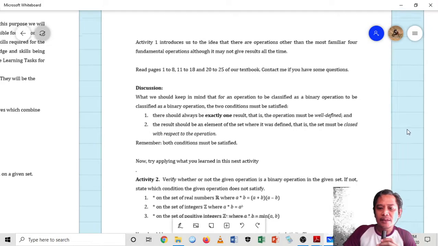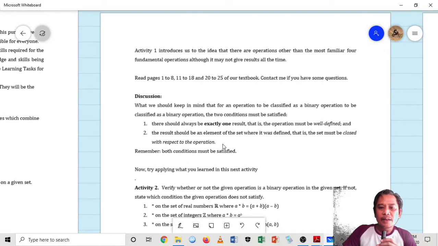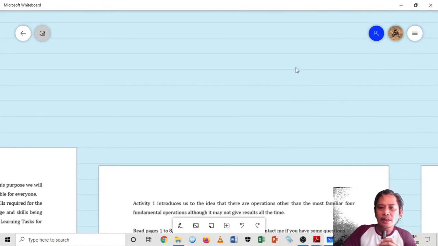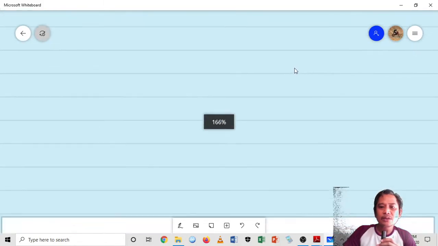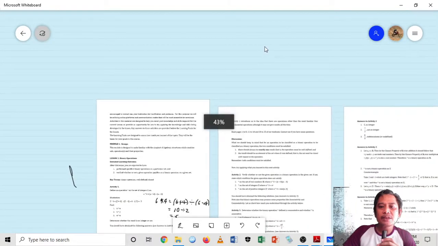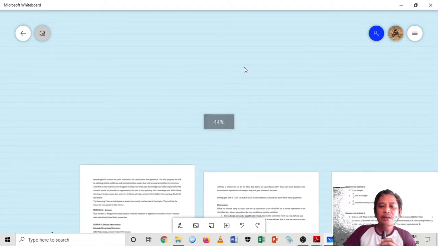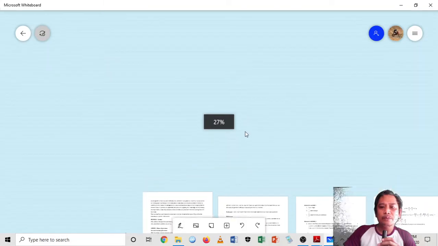First, let us refer to the definition of binary operation in our textbook.